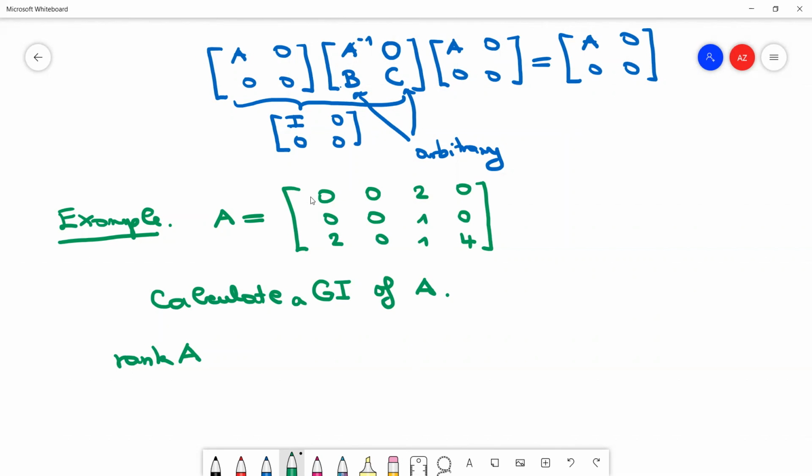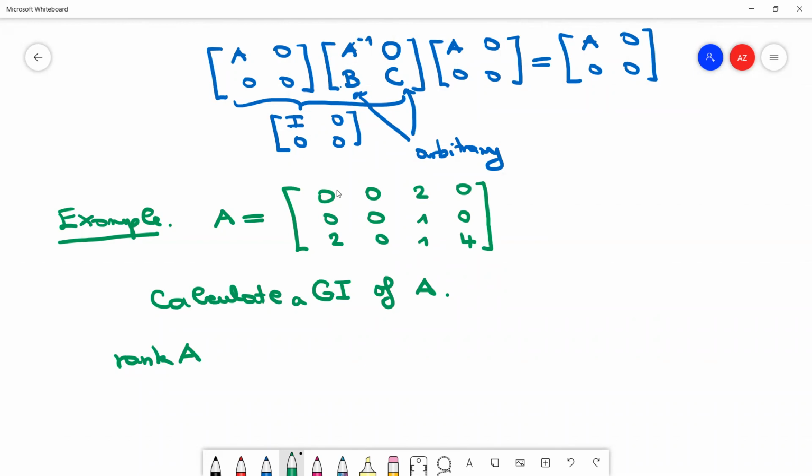If you look at the first row and the second row, we see that the first is just 2 times the second row. So the first 2 rows are linearly dependent. So we can take only the first row, forget about the second, and look at the third one. And the third one cannot be expressed using the first, and vice versa.